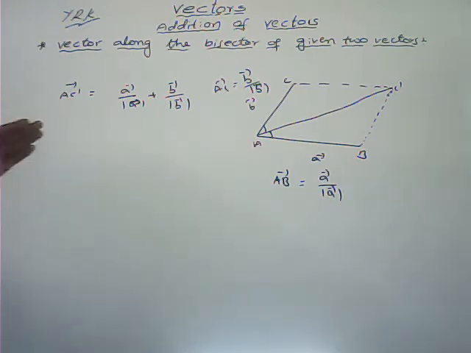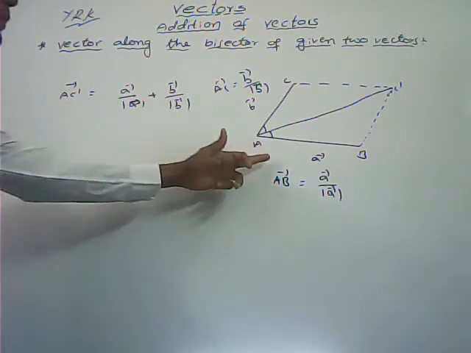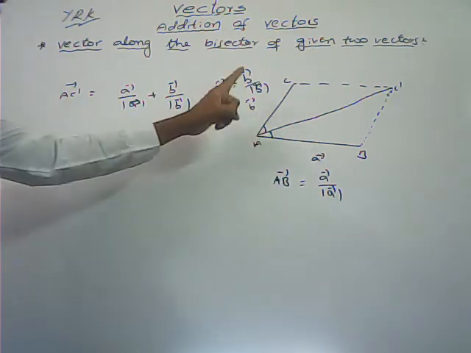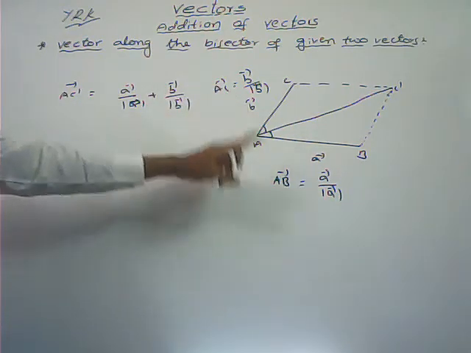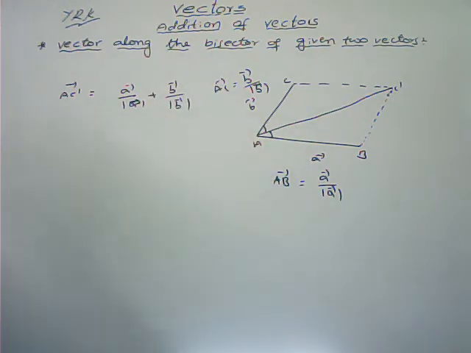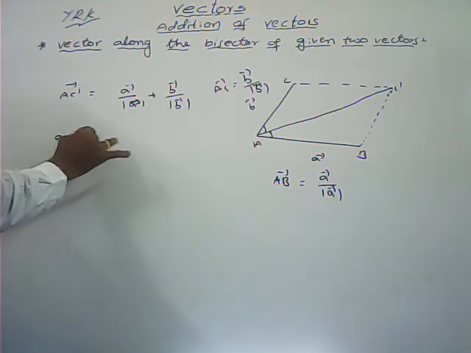So to find the bisector of the angle between 2 adjacent sides, here you can find the unit vector, here also you can find the unit vector, the sum of these 2 is the bisector of the angle formed by these 2 vectors. Now here I can write any vector along the bisector.